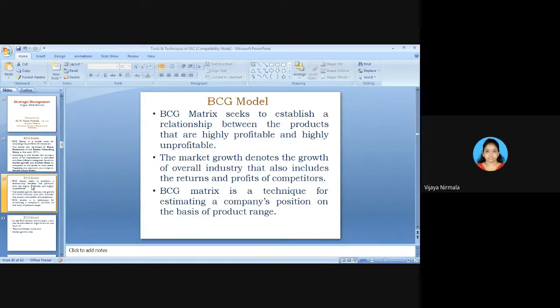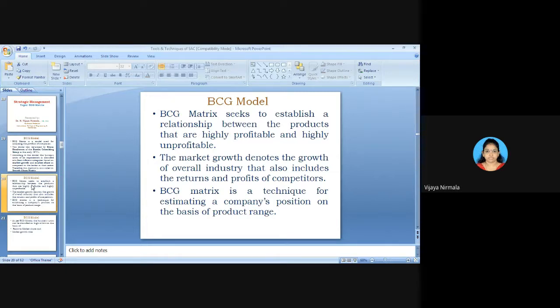So you have to remember, be attentive. Here, in this market growth, you are trying to denote the growth of the overall industry.